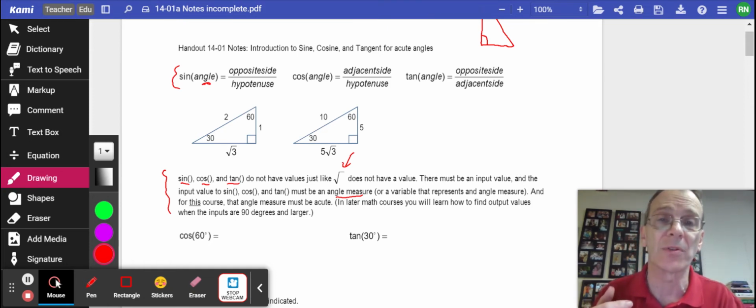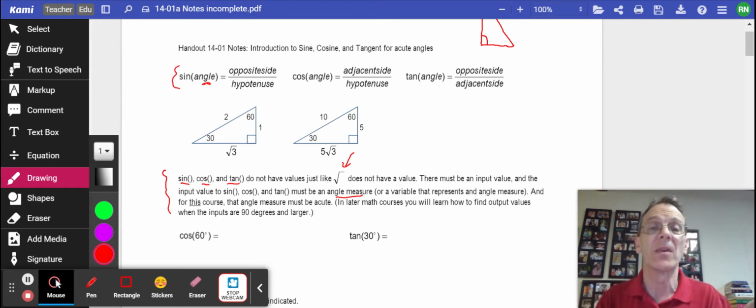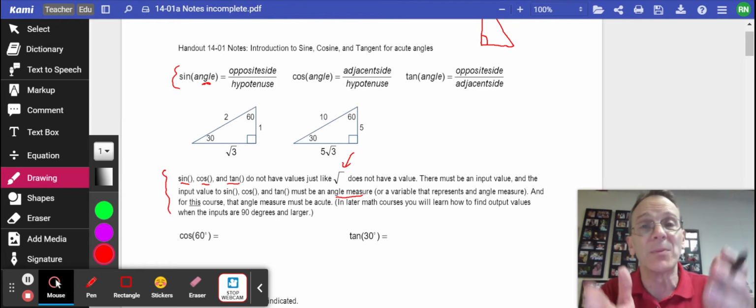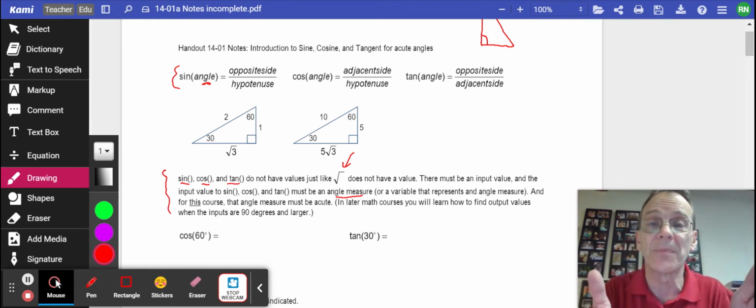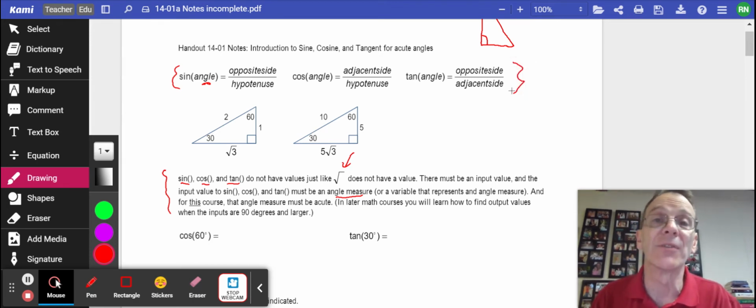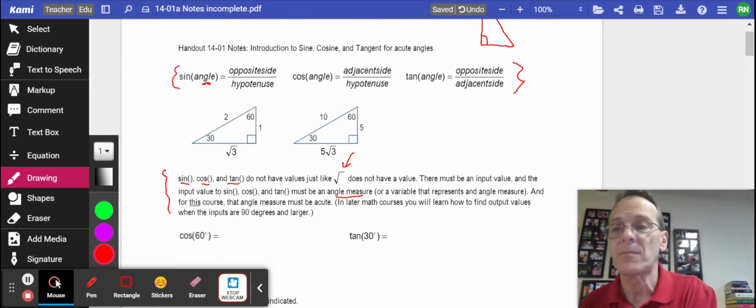Now, in later math courses, possibly next year in Algebra 2, you will learn how to find output values for these functions when the inputs are 90 degrees and larger. Such things do exist, but you're going to need to learn different ways of defining these functions than the way we learn to define them in a geometry course. Okay?